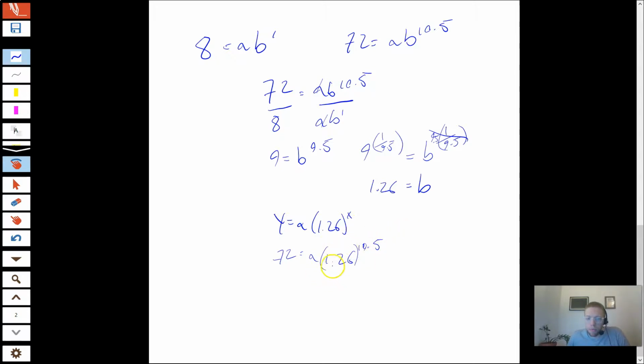And then I would type 1.26 to the 10.5 power in on my calculator, and I get 11.34. 72 is equal to a times 11.34, so I divide that out and I get a is equal to 6.35.